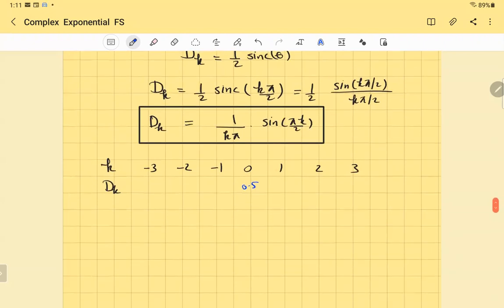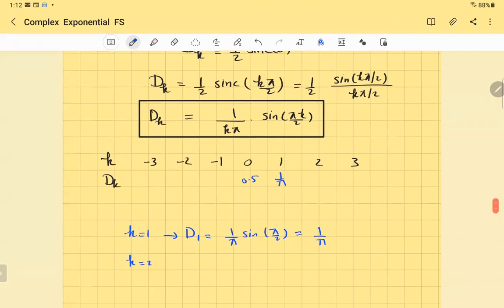When you substitute k equal 1, you have d1 is equal to 1 over pi sine pi over 2, and sine pi over 2 is equal to 1. So you have 1 over pi. If you have k equal 2, d2 is equal to 1 over 2 pi sine pi, which is equal to 0.